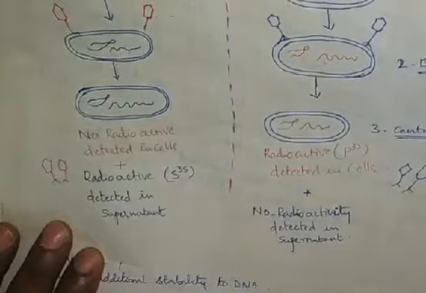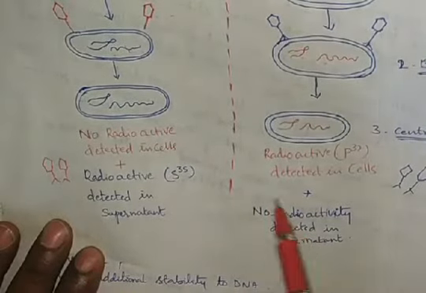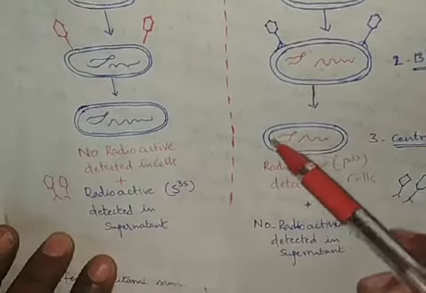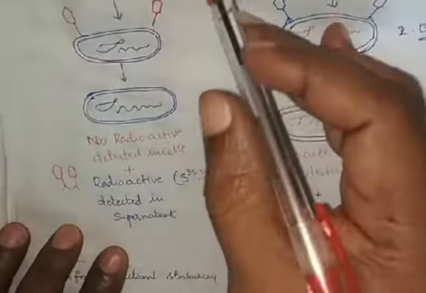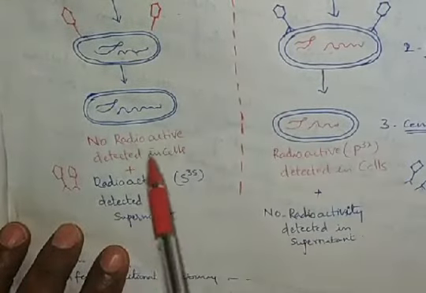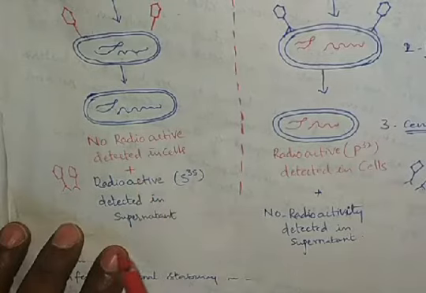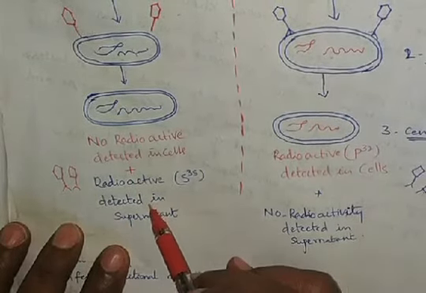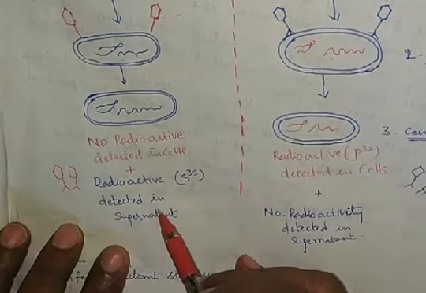In this centrifugation, the virus particles and bacteria are separated, and they found that in this culture medium, the bacteria are separated here, and the supernatant is present in the centrifugation test tube.